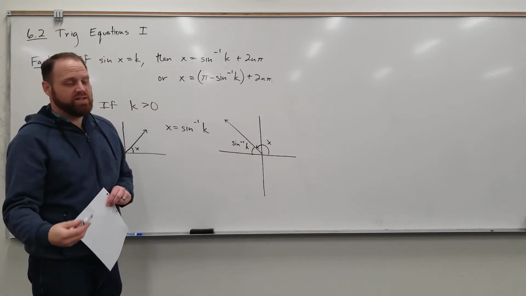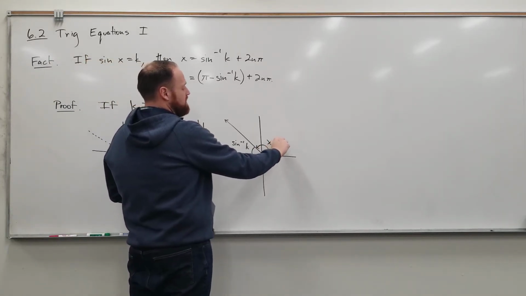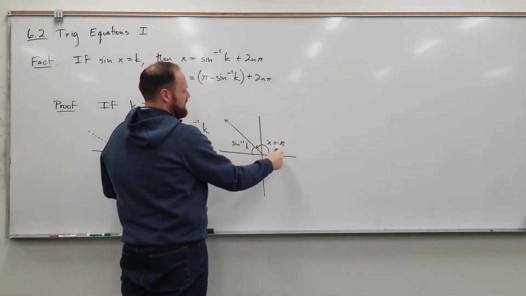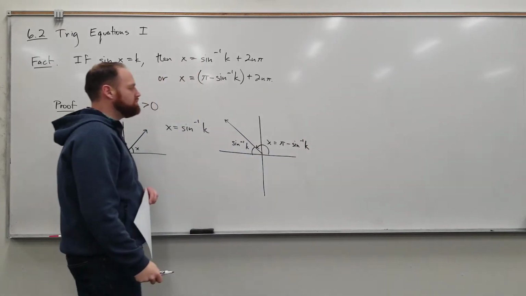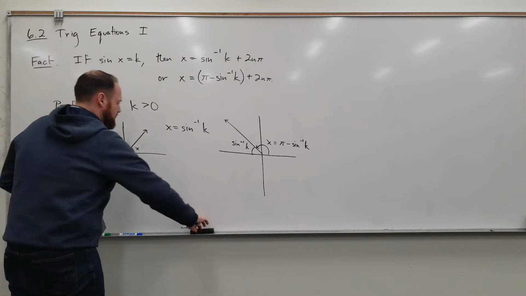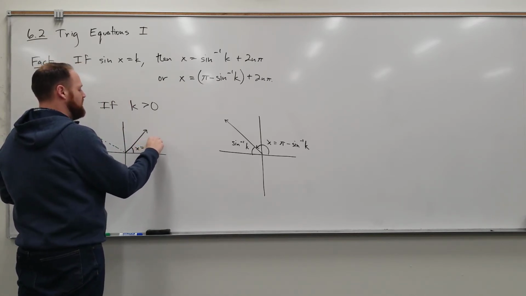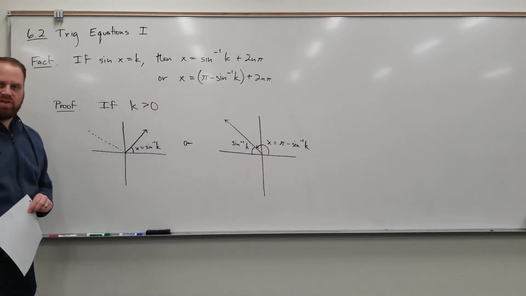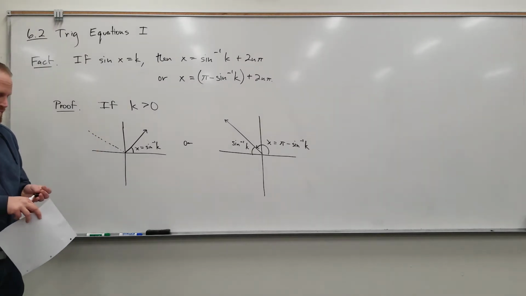So the reference angle is still sine inverse of k, but the angle itself is going to be pi minus sine inverse of k. So maybe if you already like this, I'll say x equals sine inverse of k, or x equals pi minus sine inverse of k. Right? So that's what happens when k is positive.